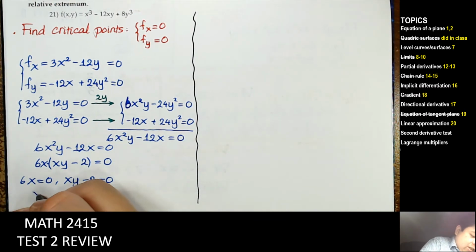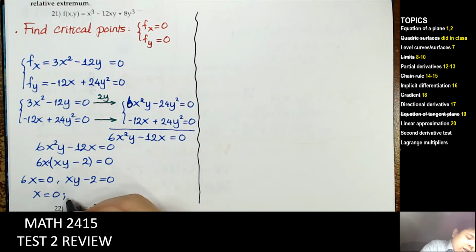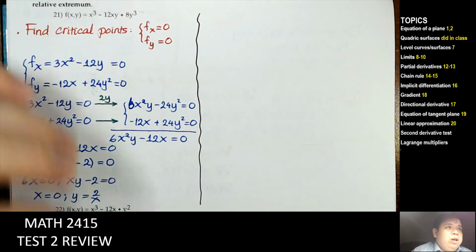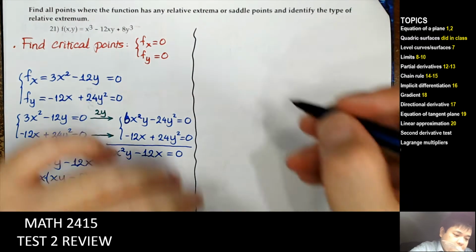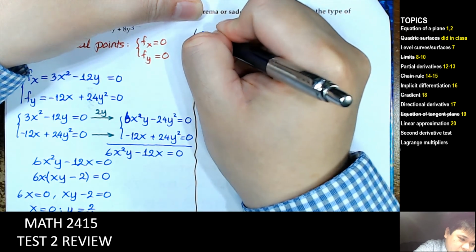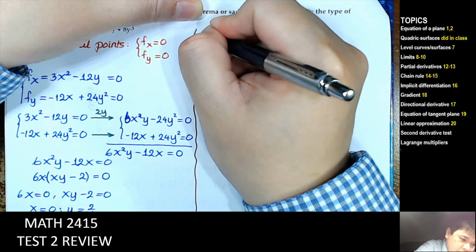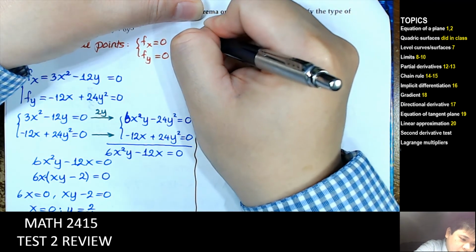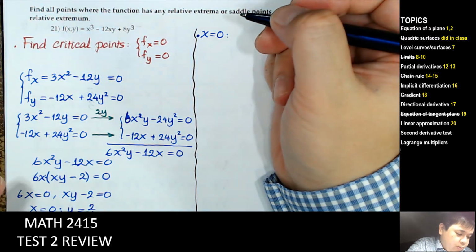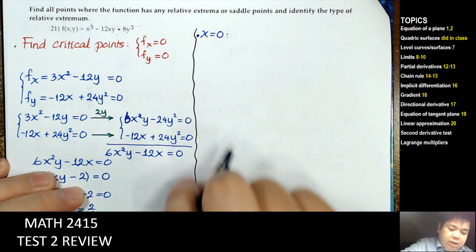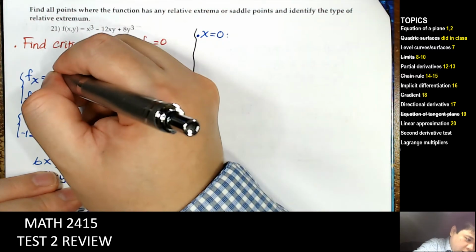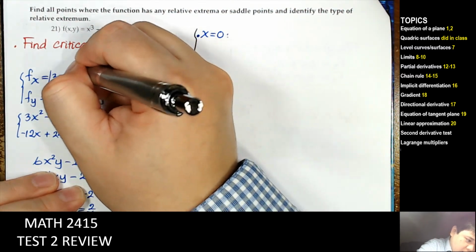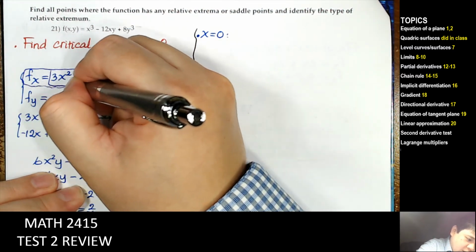So we have x equal to 0, and here if we solve for y, we have y equal to 2 over x. So there are two scenarios. When x equal to 0, let's substitute into that equation.